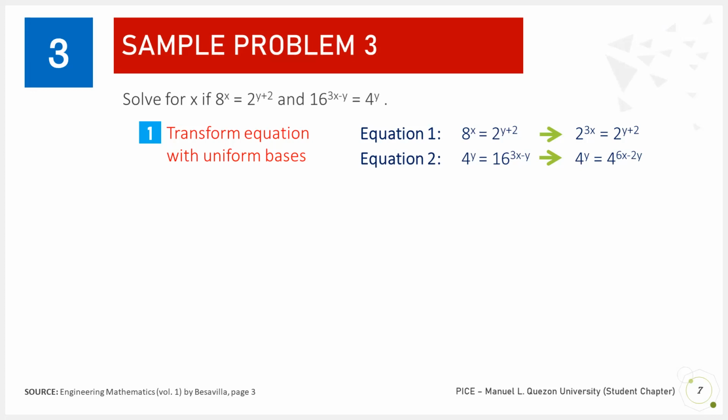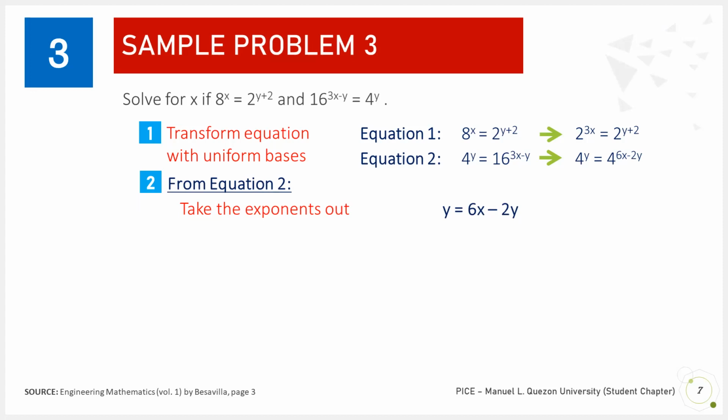So ngayon, meron na tayong uniform bases. Ang gagawin naman natin is we take the exponents out of equation 2. So ano ba exponents ng equation 2? So that is y is equal to 6x minus 2y.